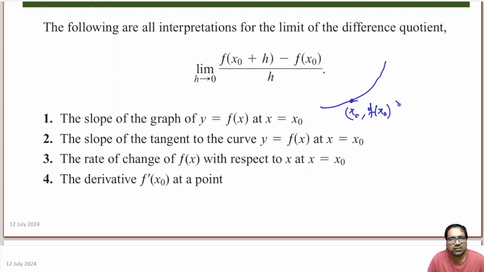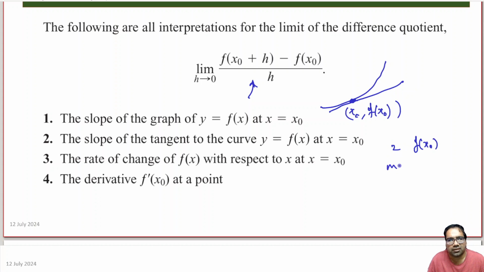This is the point x naught and f of x naught. The slope of the graph at this point is this. This is also the same as the slope of the tangent drawn at this point. This is also the same as the rate of change of f of x, that is, the rate of change of y with respect to x at x naught. That means if x naught is changed by 2 units, f of x naught will change by 2m, if the slope is m.